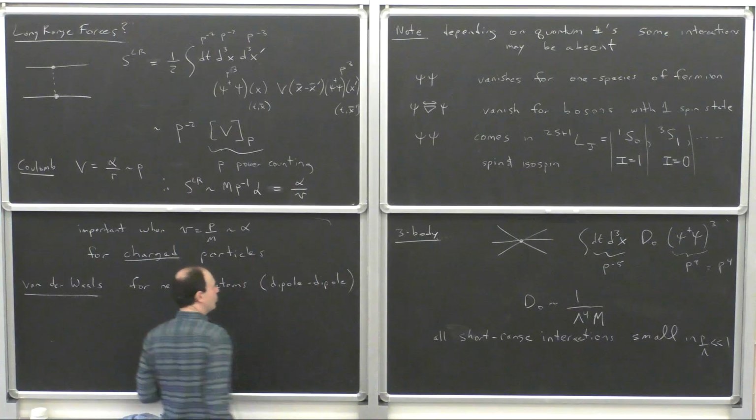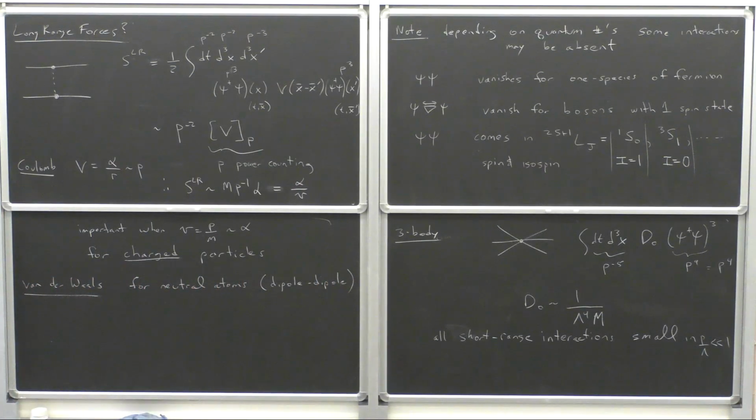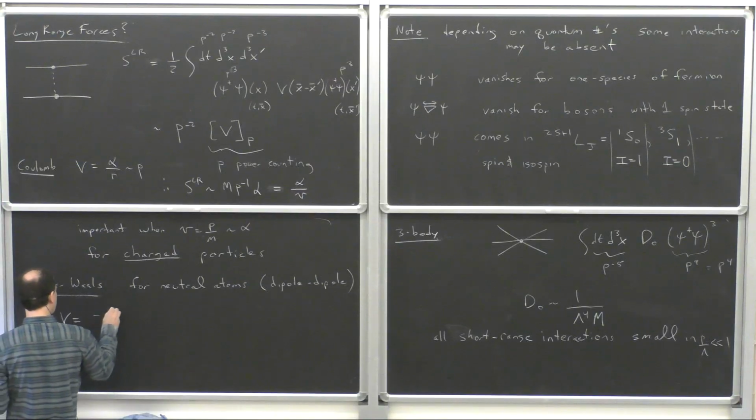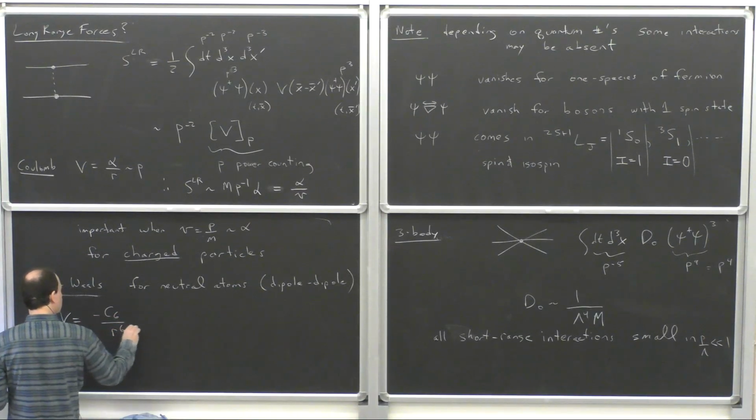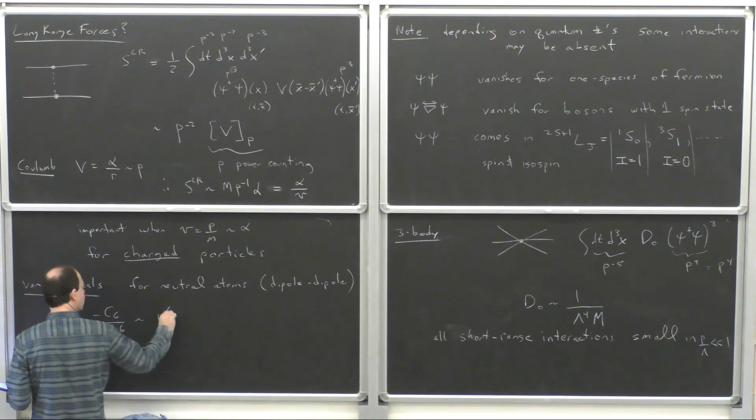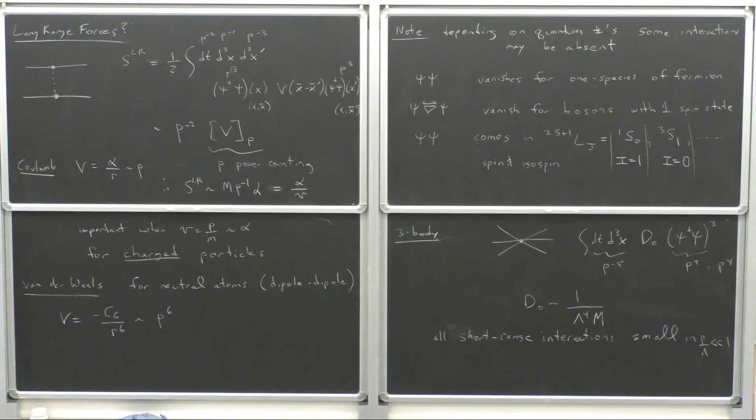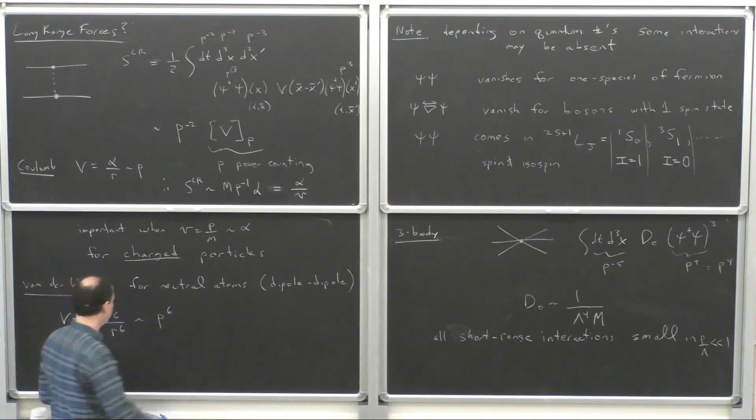And in some quantum mechanics course, maybe an advanced quantum mechanics course, you might have worked out what that looks like. You're doing some expansion. It's a 1 over r to the 6 potential. So it scales like p to the 6. Kind of small from the point of view of our power counting.